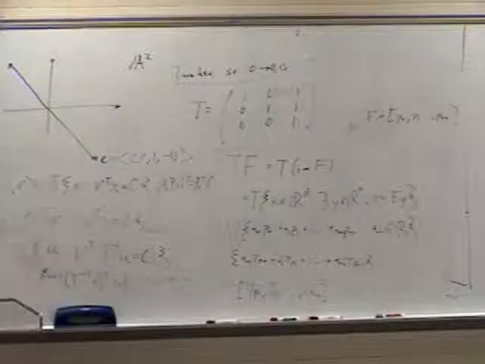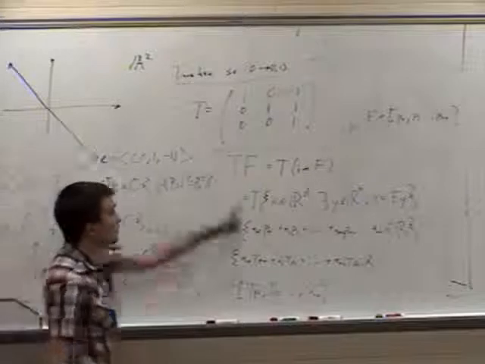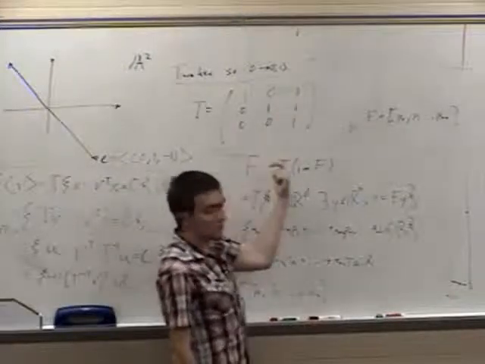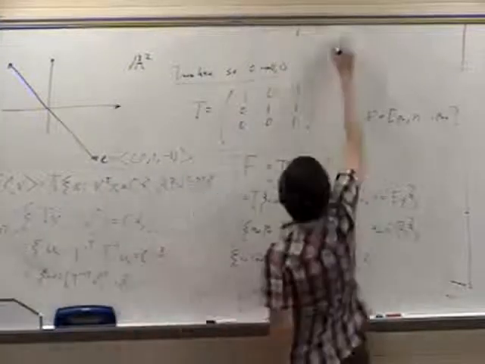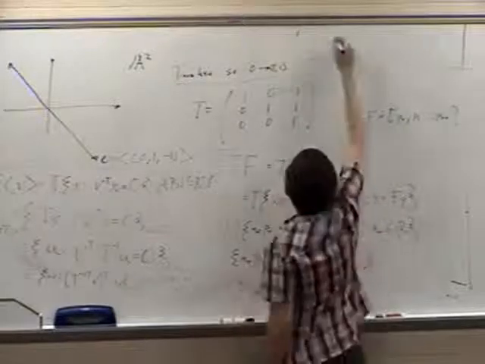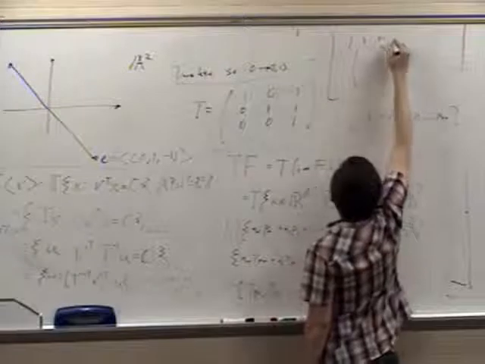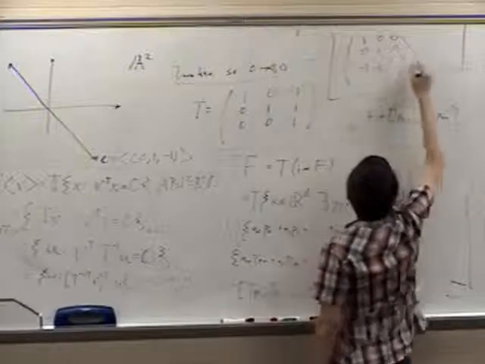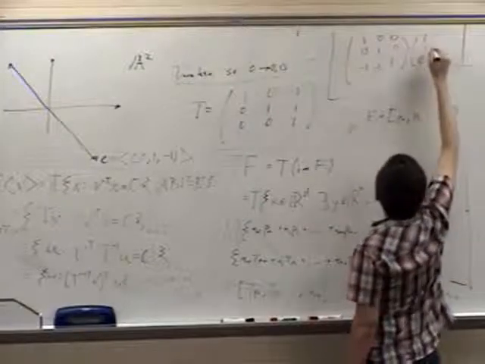All right, so to verify that this is in fact correct, I could calculate the inverse of this matrix. All I have to do is make these -1, -1, and then transpose it and multiply it through. So what do I get if I do that? Hurrying a little bit here because I think I'm almost out of time. If I do this, I'll get 1, 0, 0, 0, 1, 0, -1, -1, 1 times 1, -1, 0.